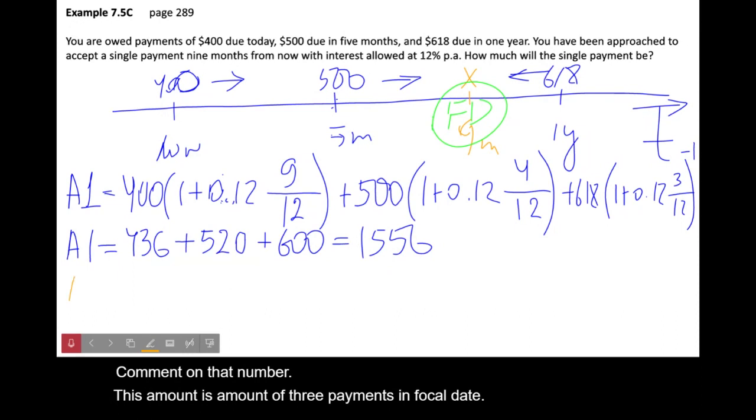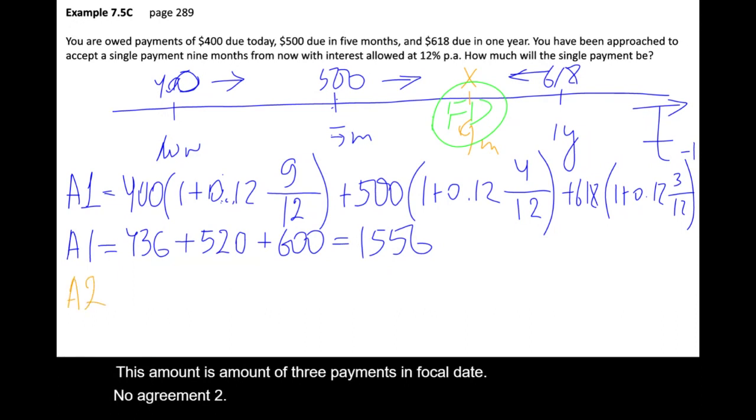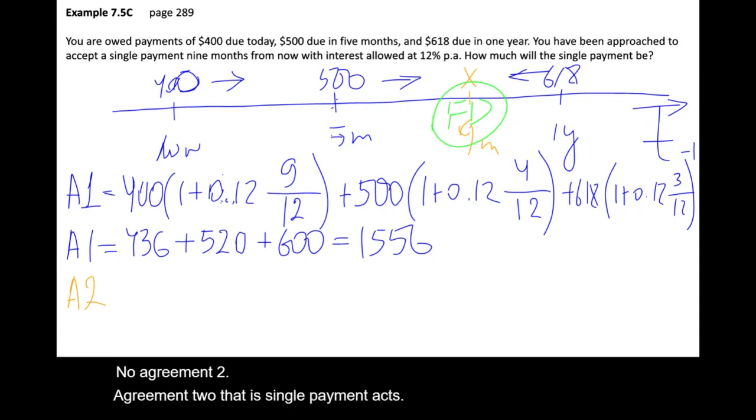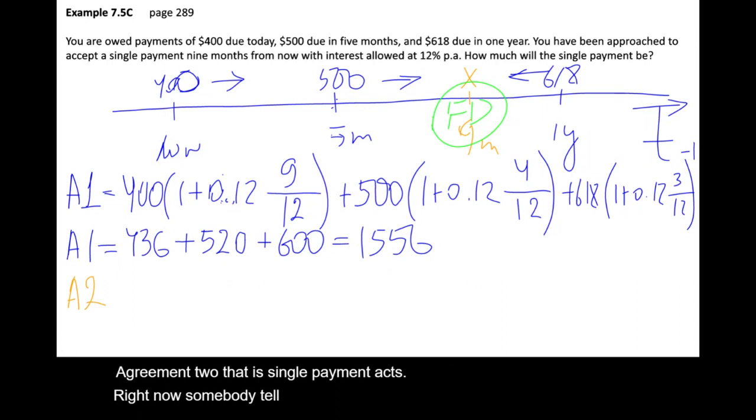Now, agreement 2. Agreement 2, that is single payment X. Right now, somebody tell me which direction we move X. Or do we have to move it at all?